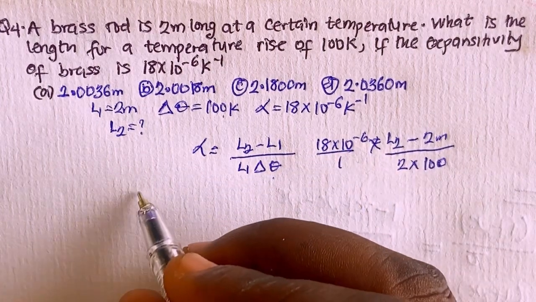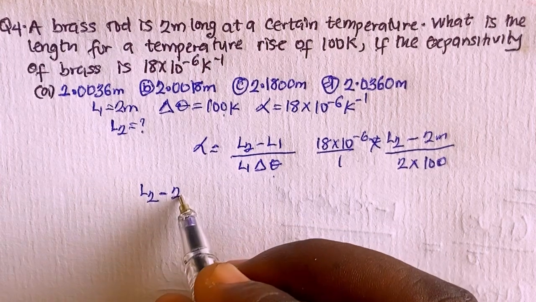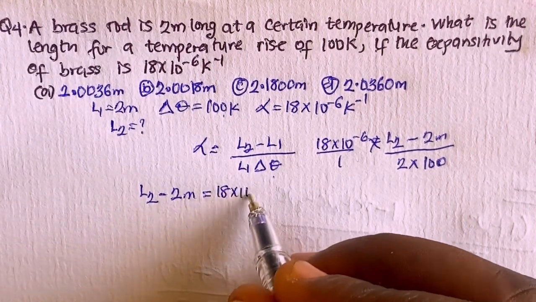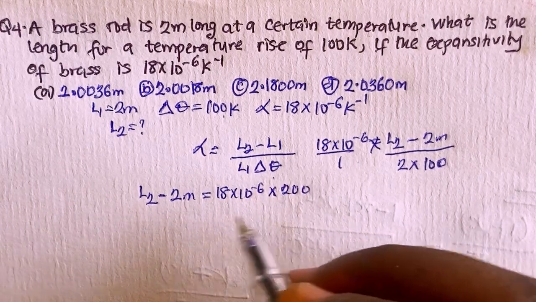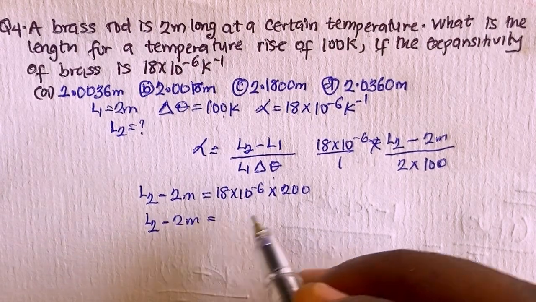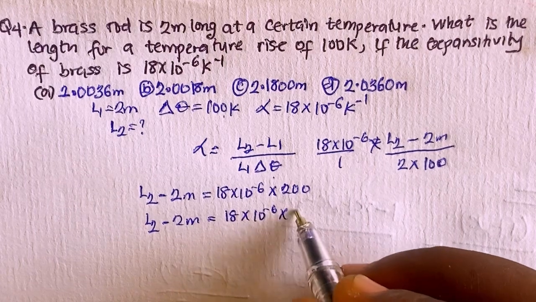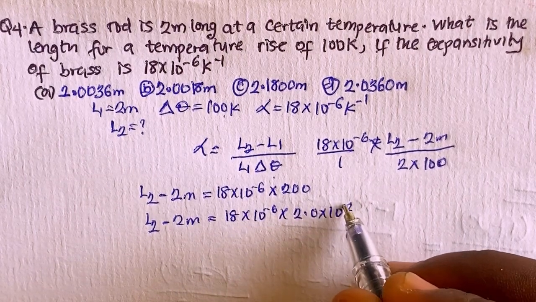So here I'm going to make everything here the subject. I'm going to have L2 minus 2 meter equal to 18 times 10 raised to power minus 6, then multiply by 200, right? So here I'm going to have L2 minus 2 meter equal to 18 multiplied by 10 raised to power minus 6, then times 2.0 times 10 raised to power 2.